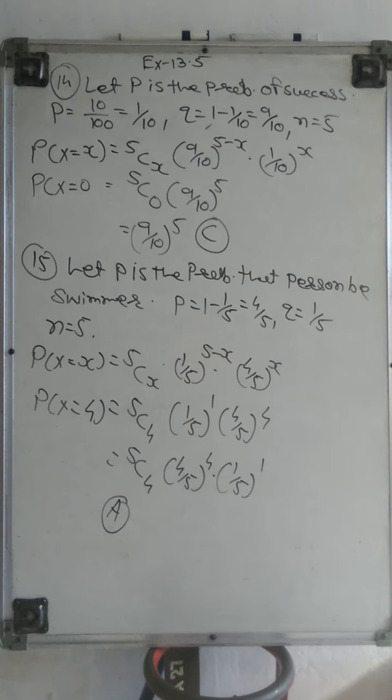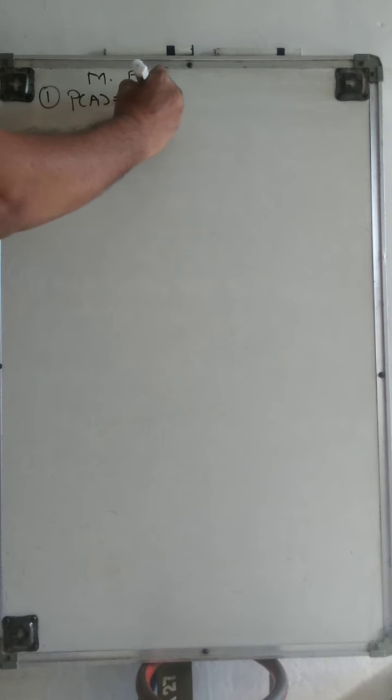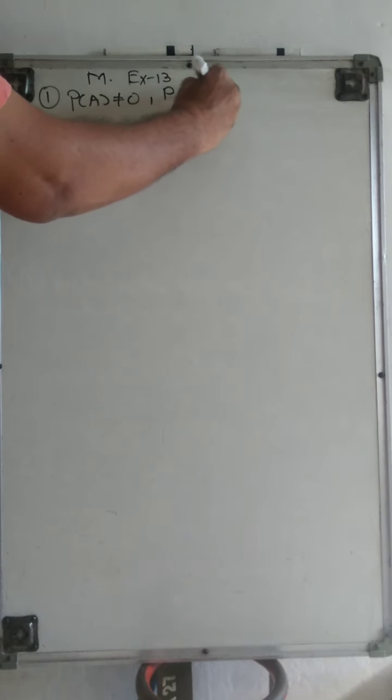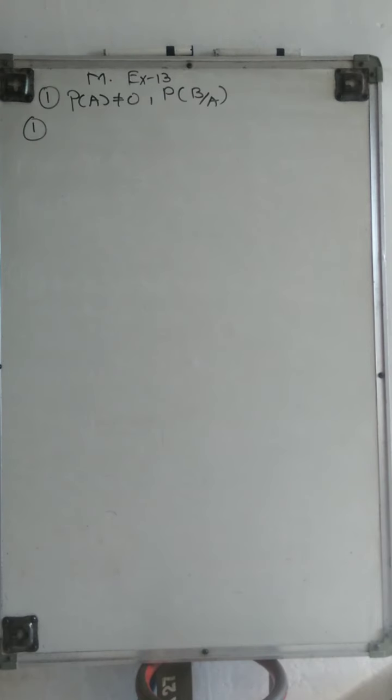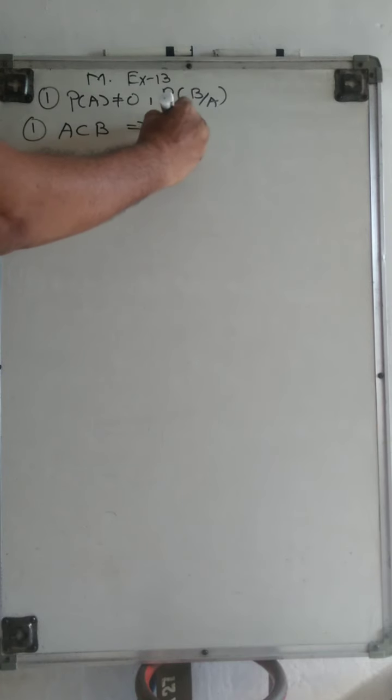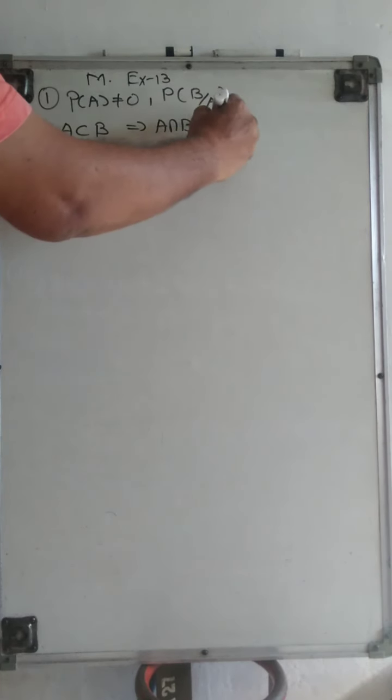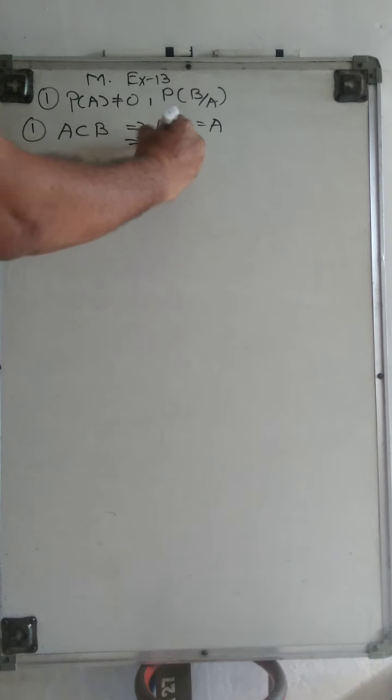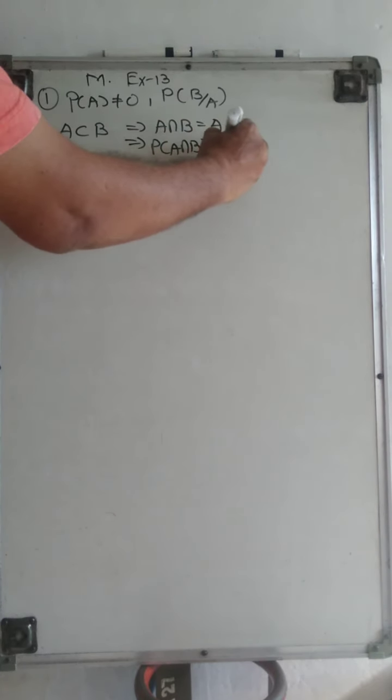In the miscellaneous exercise we start from the first sum. In miscellaneous exercise 13, the first sum is: A and B are two events such that P(A) is not equal to 0, and find P(B given A). First, it is given that A is a subset of B, which means A intersection B is equal to A. This implies P(A intersection B) is equal to P(A).